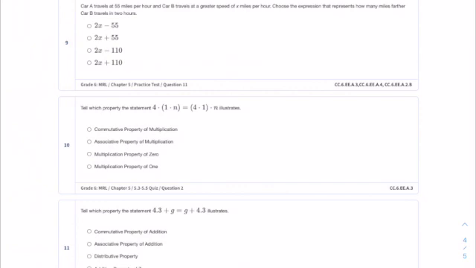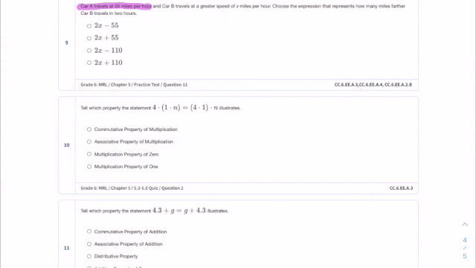Number 9: car A travels at 55 miles an hour, and car B travels at a greater speed of x miles an hour. Choose the expression that represents how many miles farther car B travels in 2 hours. So, important information for this one: car A is traveling 55 miles per hour.